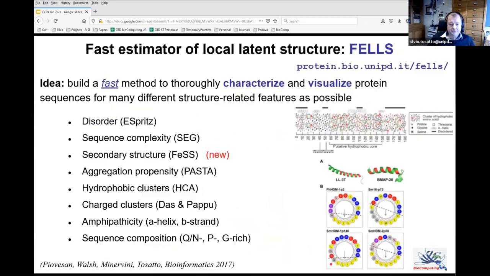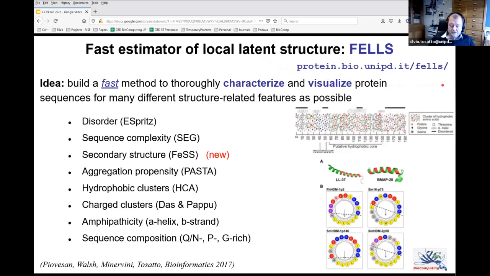The first tool I wanted to show you is trying to summarize several of the features for any protein of interest. And in fact, it's a fast predictor. It's called FELS. And the acronym stands for Fast Estimator of Local Latent Structure.